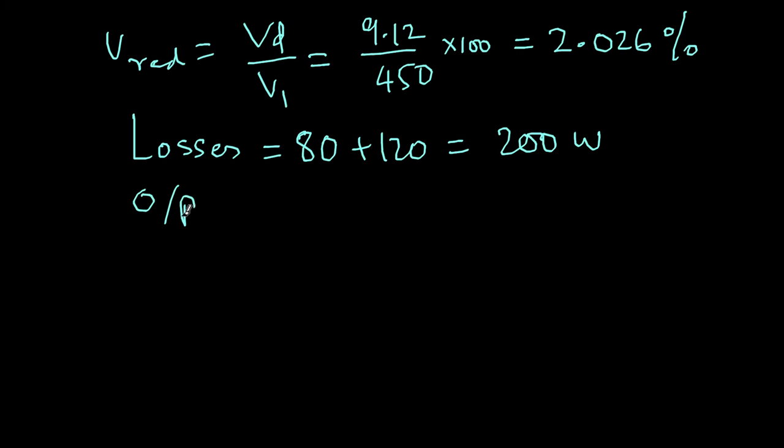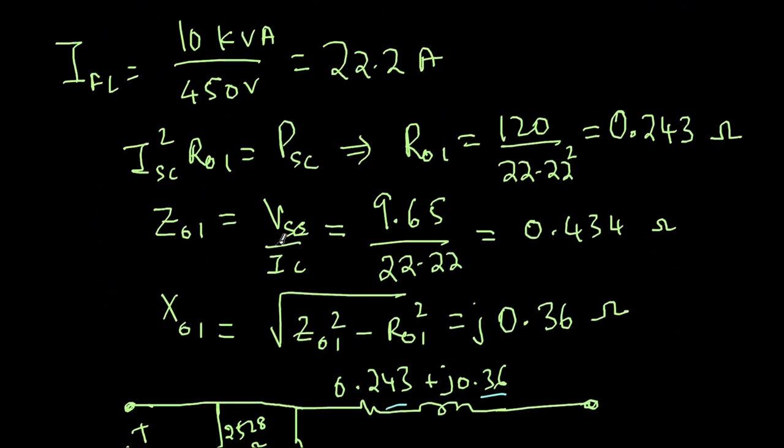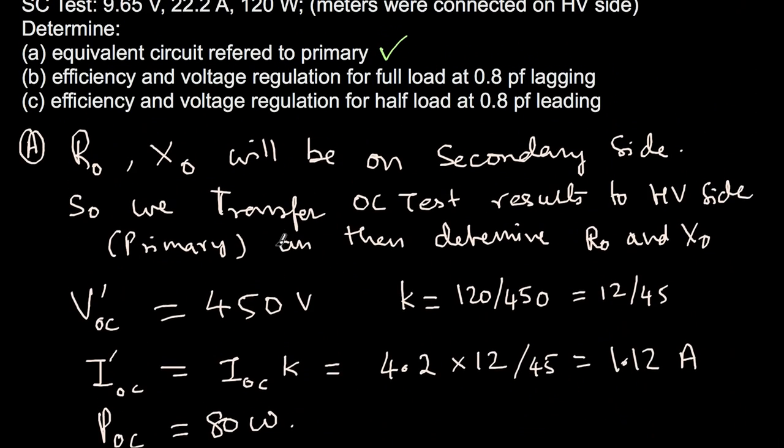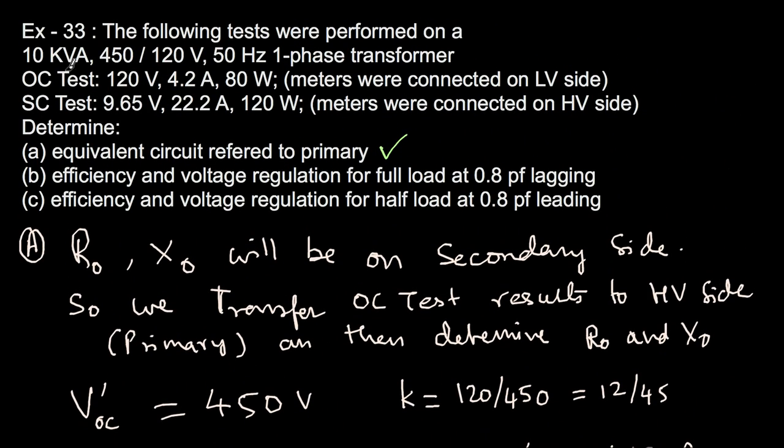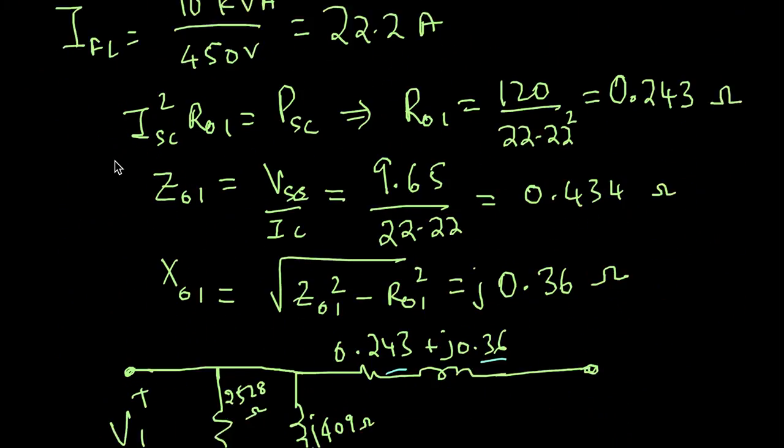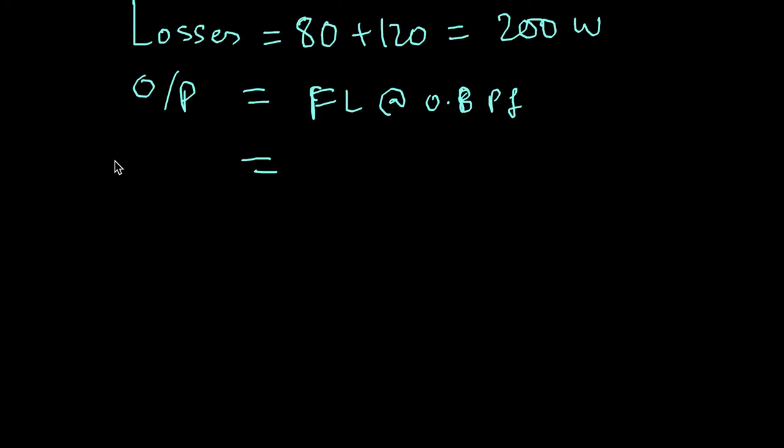And what is the output? It is mentioned that full load is at 0.8 power factor. So what is the full load rating of this machine? If I check it once again, here 10 kVA is the rating of the machine. So 10 kVA multiplied by 0.8 will give me 8 kilowatts as the output.